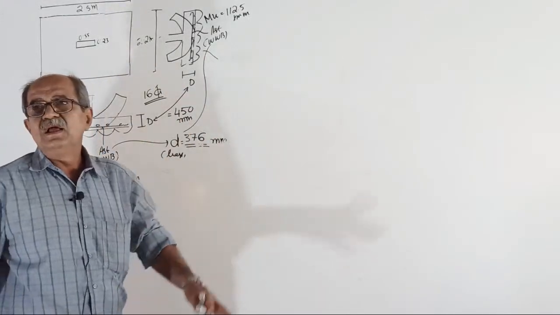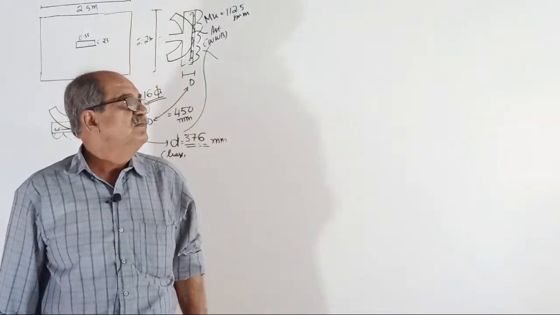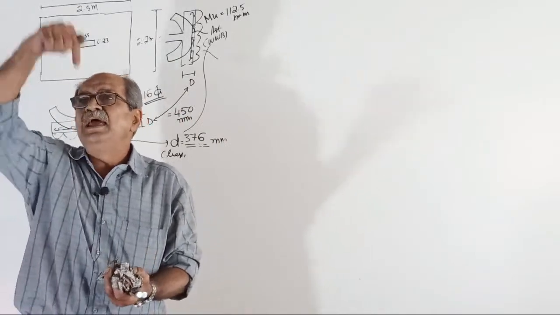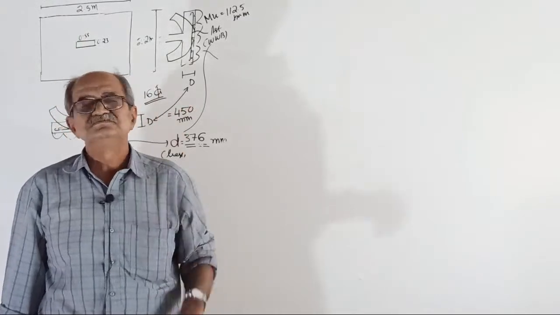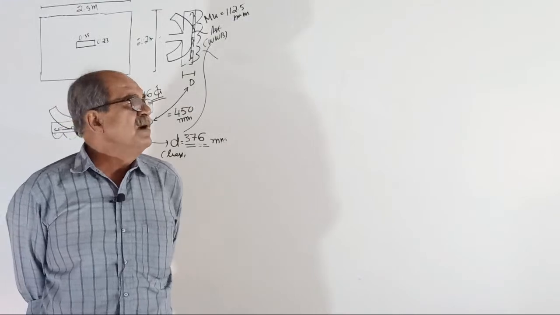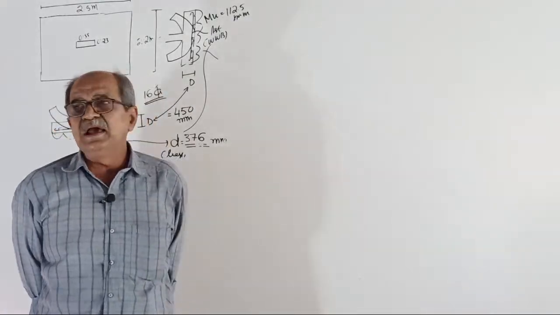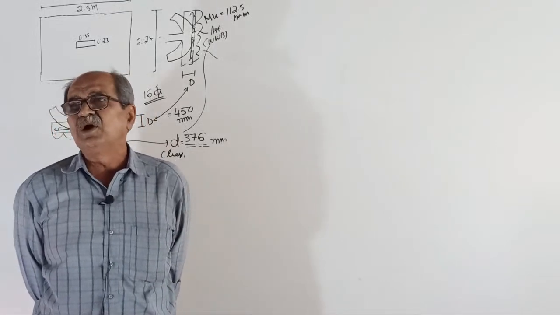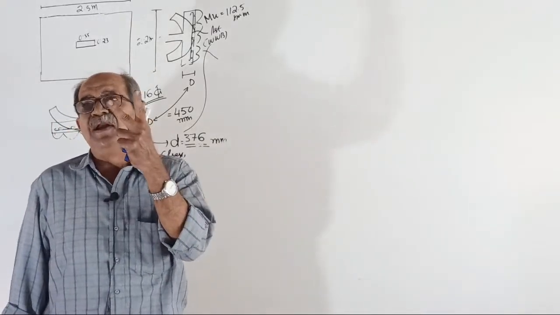Now immediately we checked for punching shear, because to check punching shear we need only the effective depth. And we got safe. I told you what to do if unsafe: you have to increase the depth. But you need not increase too much, because as the depth increases there are multiple benefits.